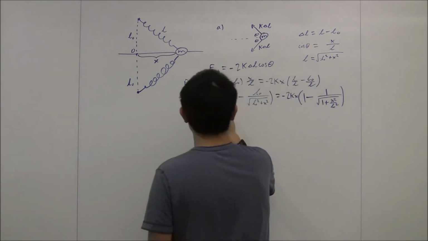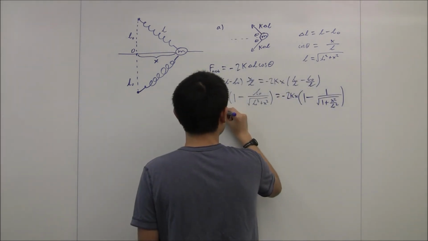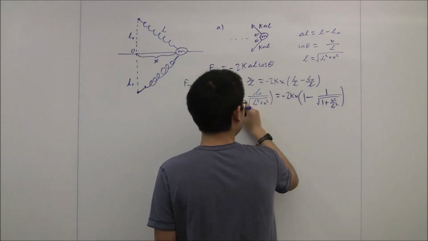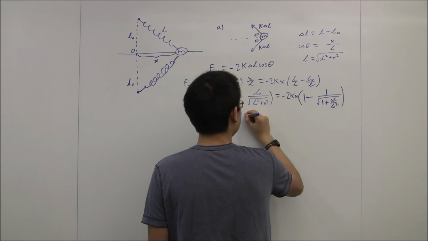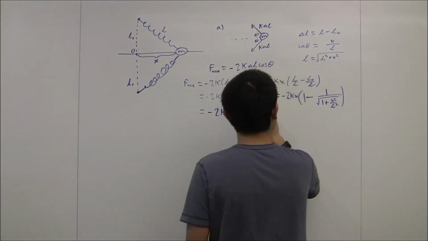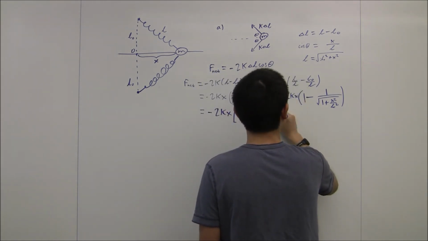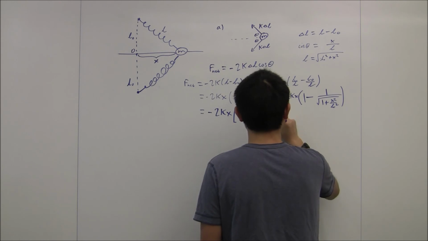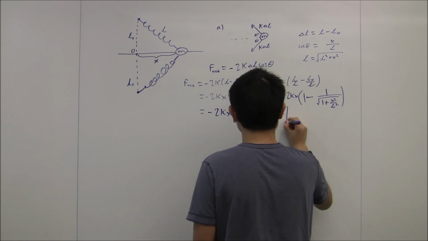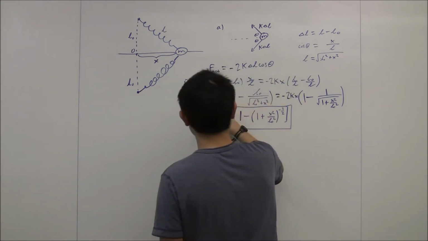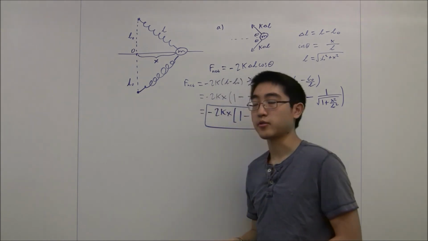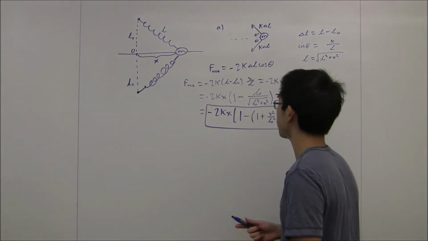So that just simplifies to negative 2 times kx times, in brackets, 1 minus, in brackets, 1 plus x squared over L0 squared to the negative 1/2, which is our final answer for the net force on the bead as a function of x.